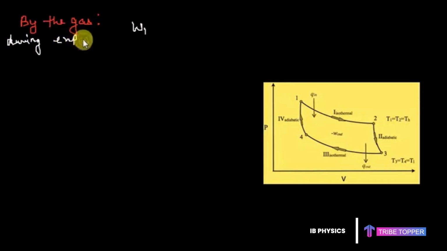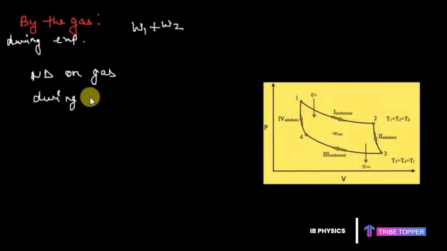So W1 plus W2, and work done on the gas would be in the last two steps when it is compressing. So work done on the gas is during compression because we are doing work on the gas. So that would be W3 plus W4.